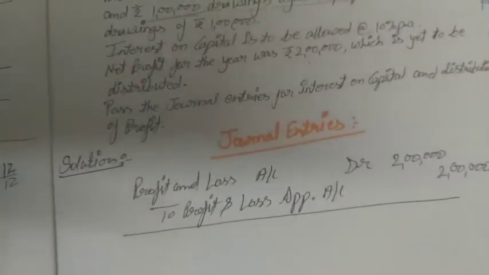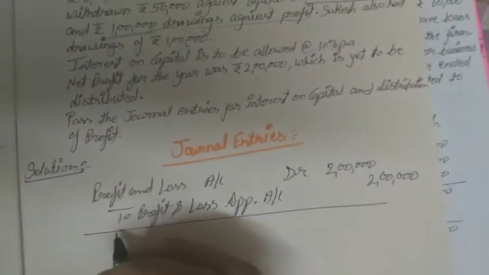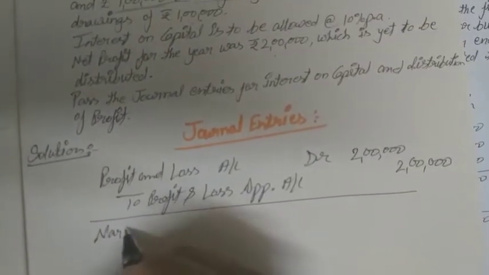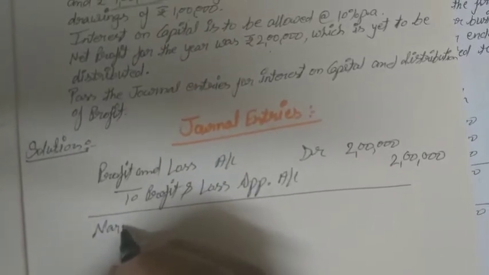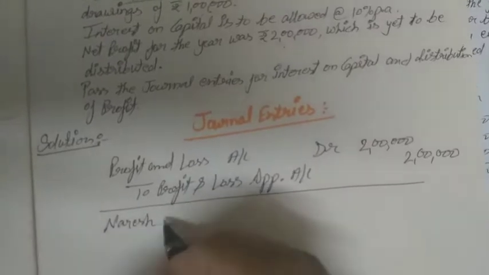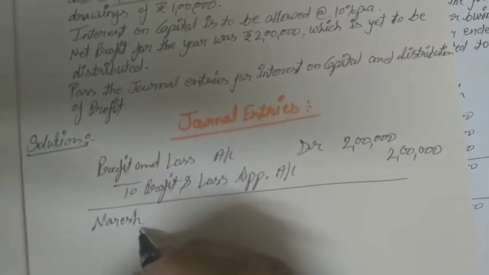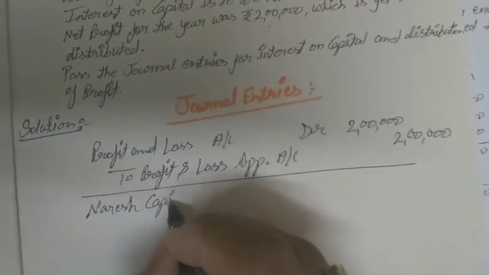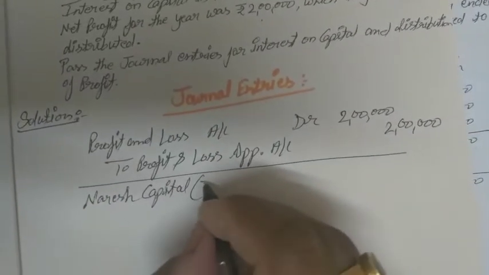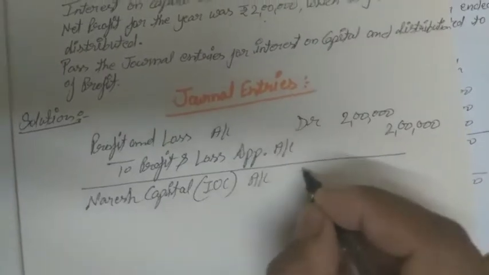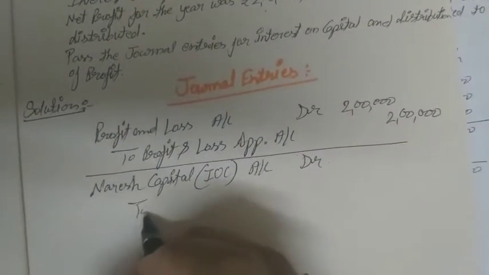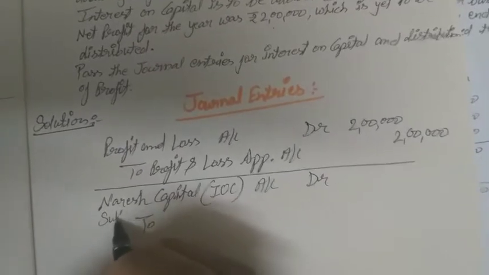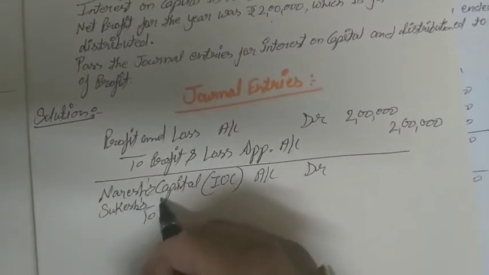Now interest on capital will be charged. So here Naresh capital, IOC, interest on capital account debit, and one more there, Sukesh capital.